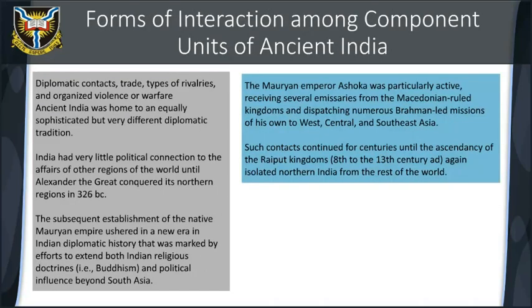Forms of interaction among component units of ancient India: diplomatic contact, trade, types of rivalries, and organized violence or warfare. Ancient India was home to an equally sophisticated but very different diplomatic tradition. India had very little political connection to the affairs of other regions of the world until Alexander the Great conquered its northern region in 326 BC.